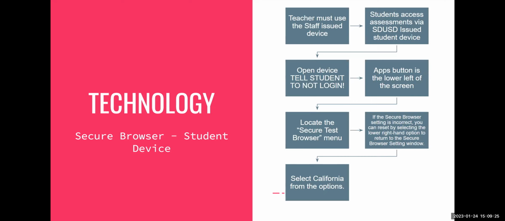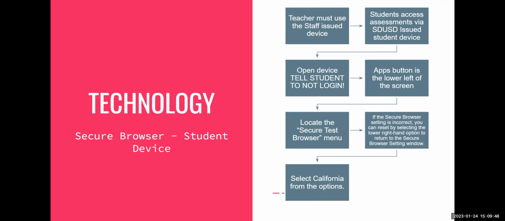When a student opens the device, do not let them log in. If they log in, they will need to log off to access the secure test browser. The secure test browser is in the lower left-hand side of the screen, the middle button, and you locate the words secure test browser. When you get to that, it's going to open a window, and it should have a drop-down.